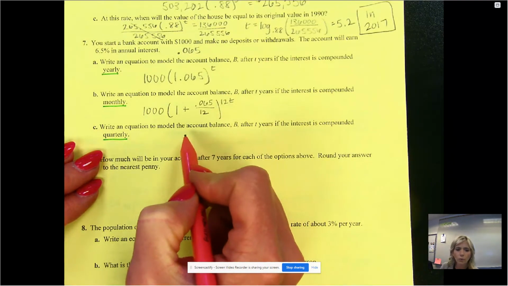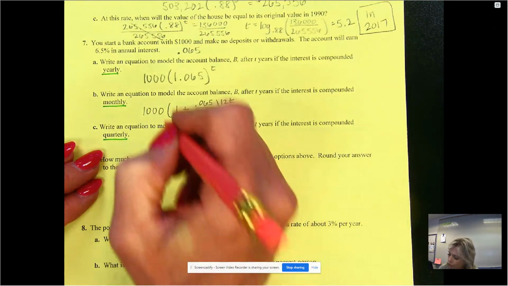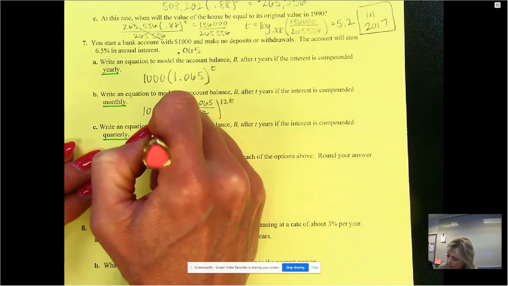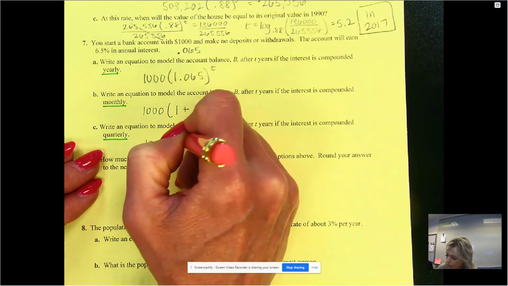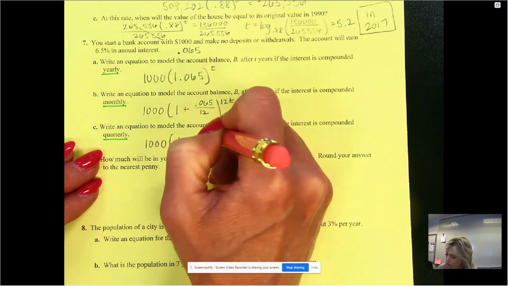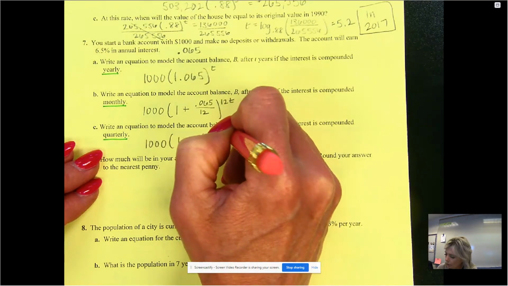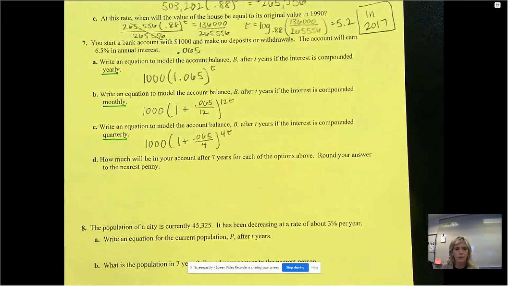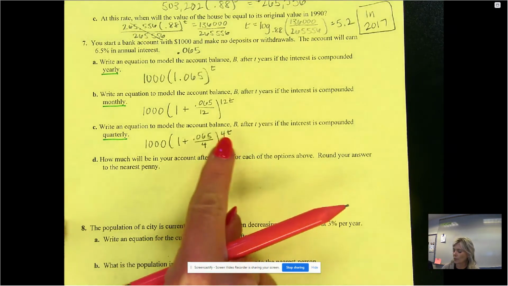Same thing with C, only quarterly means 4 times in a year. So 1,000 times 1 plus 0.065 divided by 4 to the 4t. Now for part D, we're evaluating each of these for 7 years. So we're just going to put a 7 here.